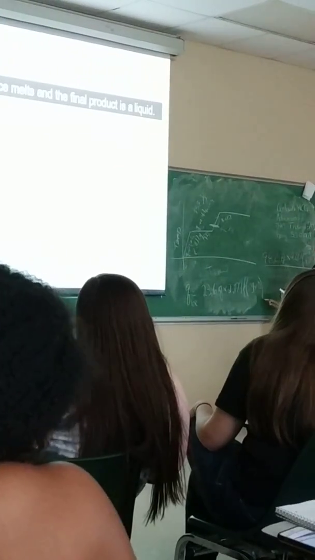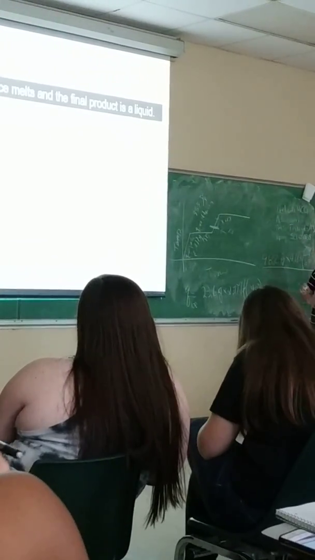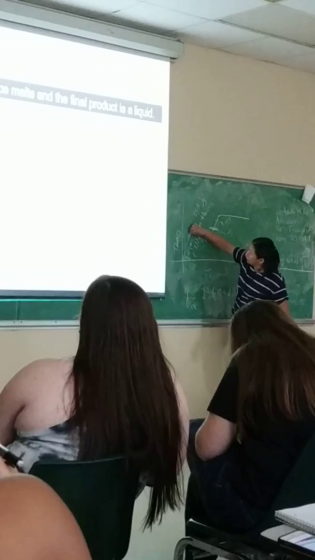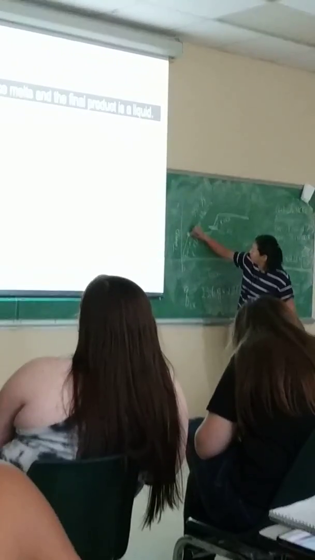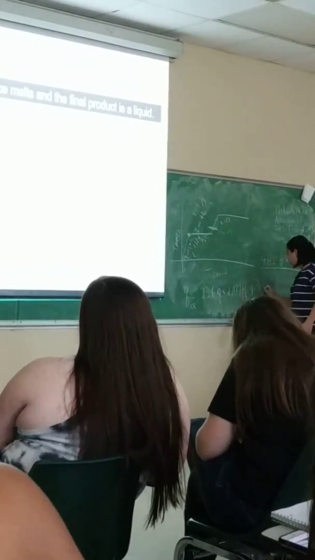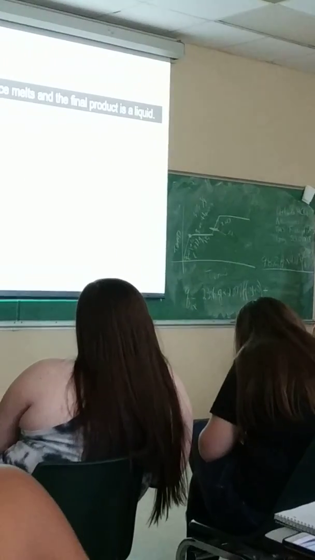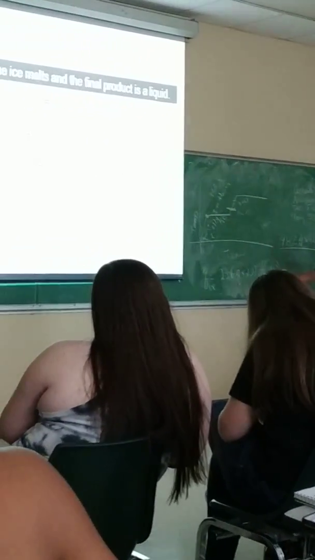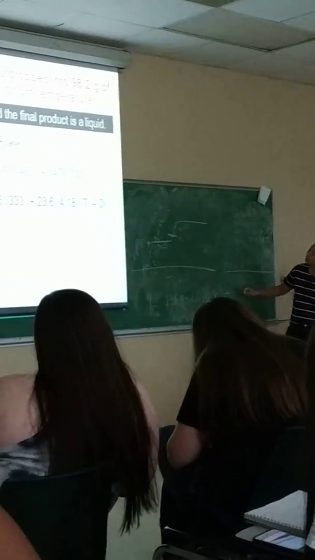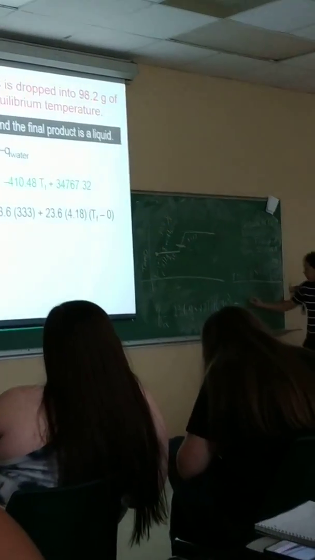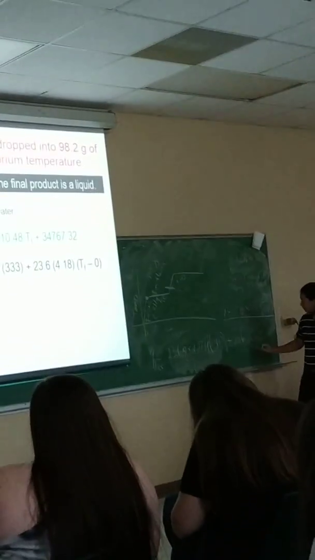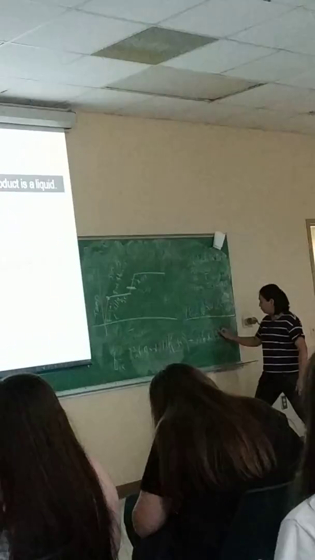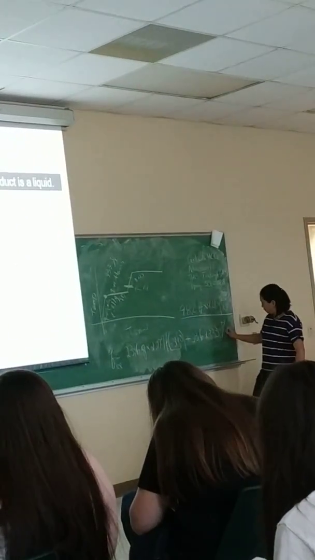That's the heat they need to reach this point. Then they melt, so we have to add 23.6 times 333 joules.